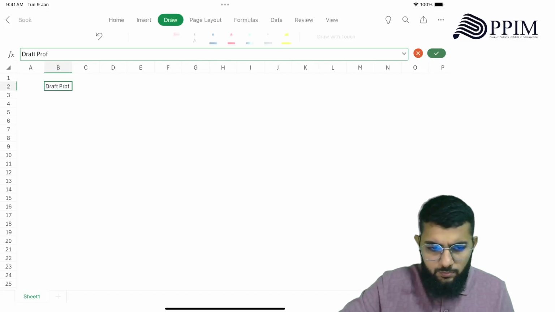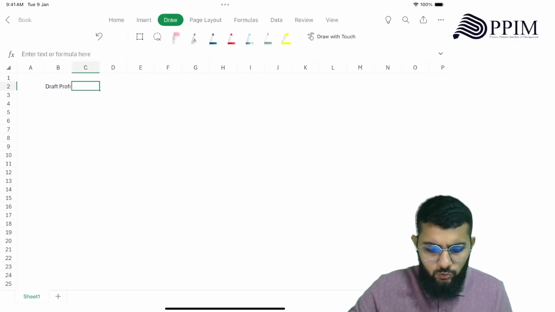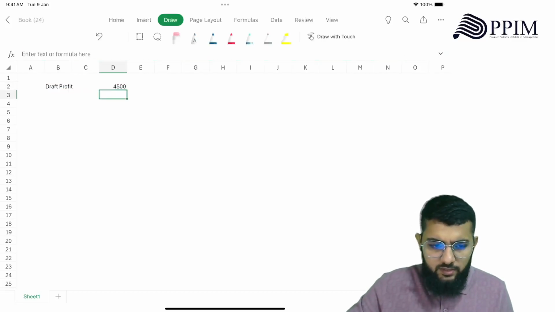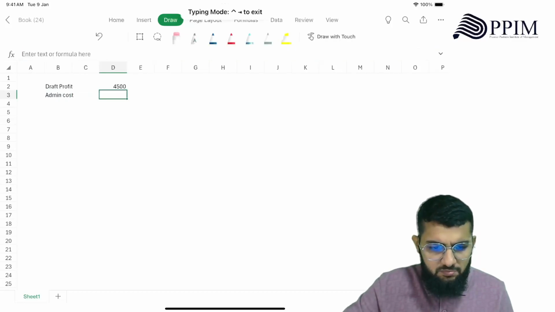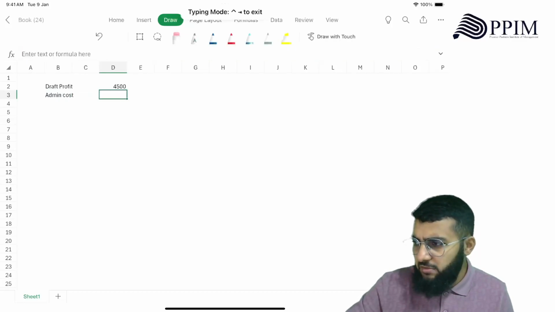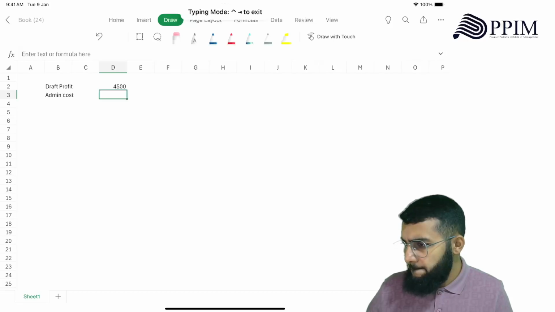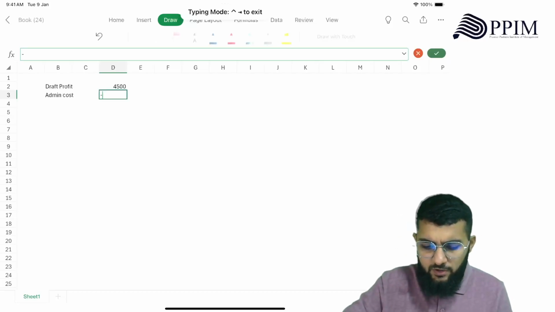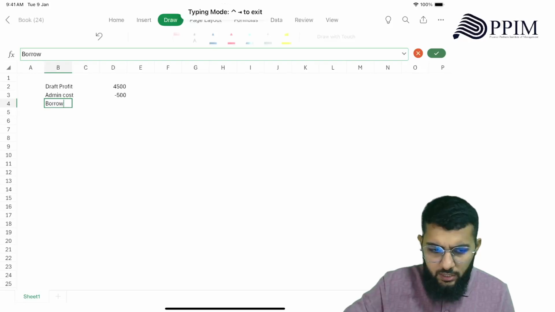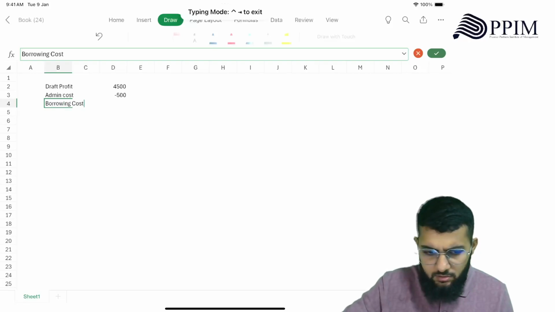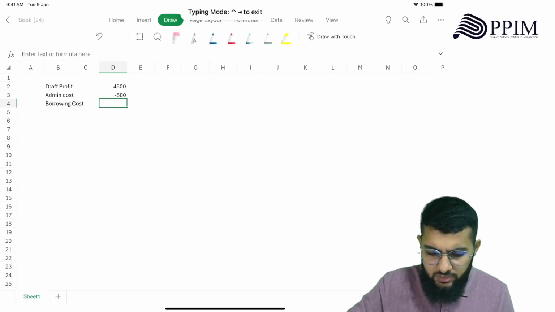Draft profit was 4,500. Then there was admin cost. How much was the admin cost? Can you quickly tell me the figures? Minus 500. Then there was borrowing cost 1,260.